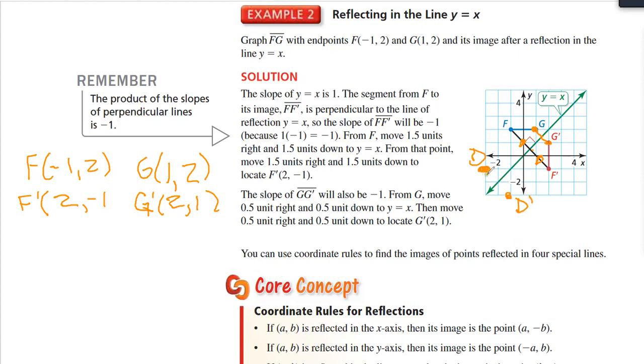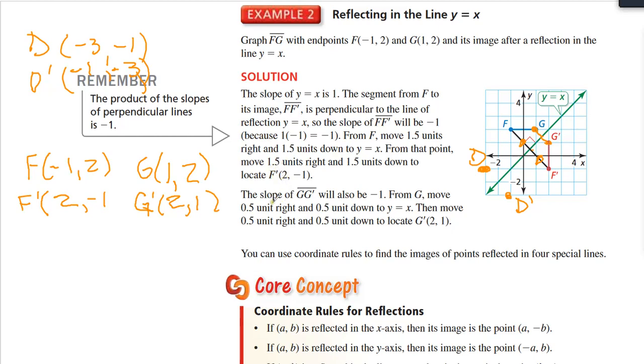So if D is -3, -1, then D prime is -1, -3. Does anybody notice a pattern?